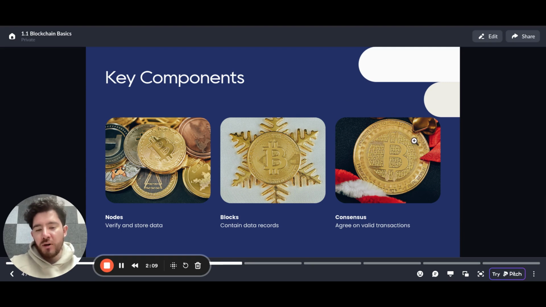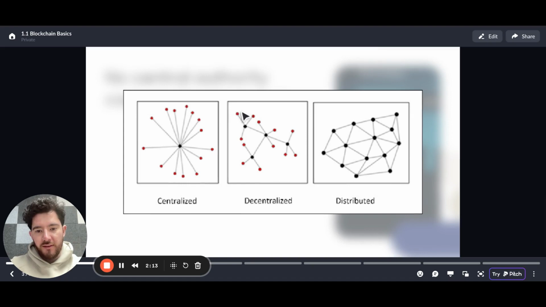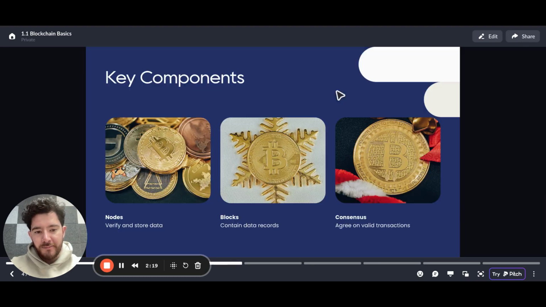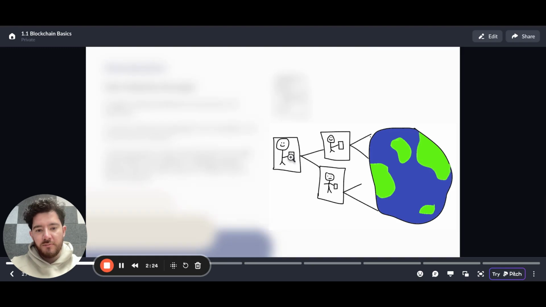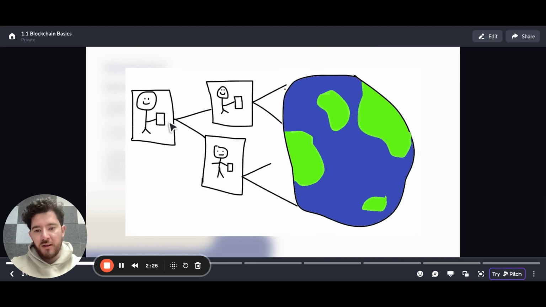Anyways, the key components to understanding blockchain are nodes, which are these hubs right here. These black dots are nodes because they're the central hubs where everything else spreads out and gets connected. And then there are blocks, like I said here. Each person in this square is a block, and once they approve something on a transaction, it gets updated to the other blocks.